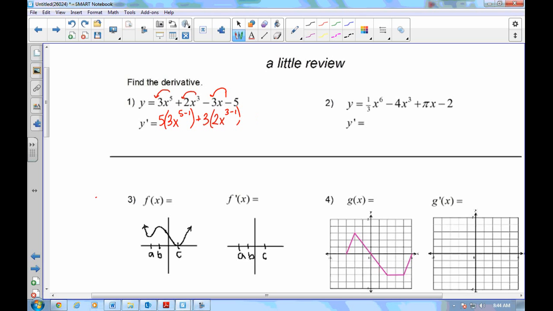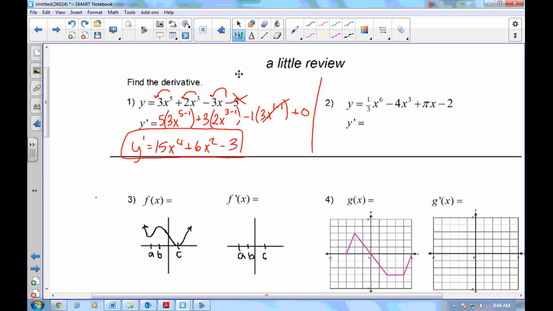I can bring it down just for practice, but x to the 1 minus 1. And the derivative of the constant would be 0. So y prime becomes 15x to the 4th plus 6x squared. This becomes x to the 0, so the x is gone. It becomes a constant. Is that what you got? Any questions on that one?